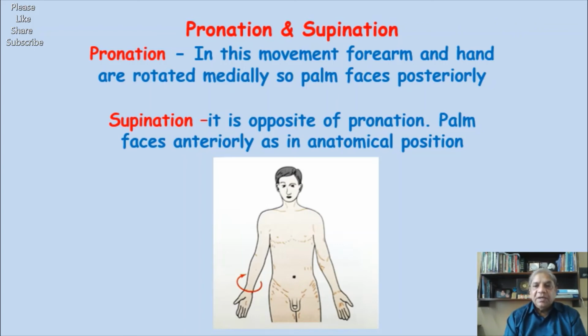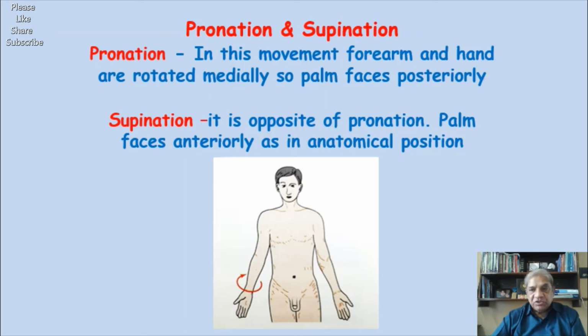Whether you are standing with the arm hanging by the side, as shown in this diagram, or in the semi-flexed position, supination is when the palm faces anteriorly, when the person is standing forward, or when you are in the semi-flexed position at the elbow joint, the palm will face towards the roof. Previously in pronation, the dorsal surface was facing towards the roof. Now it is the palm which will face towards the roof.